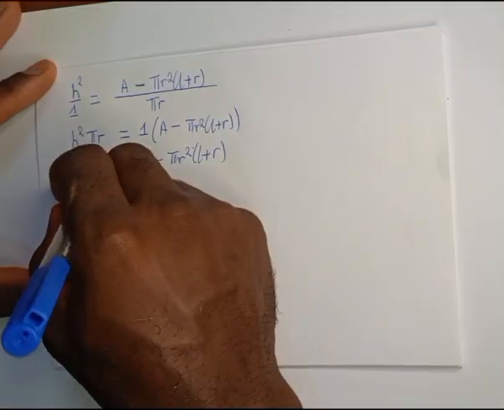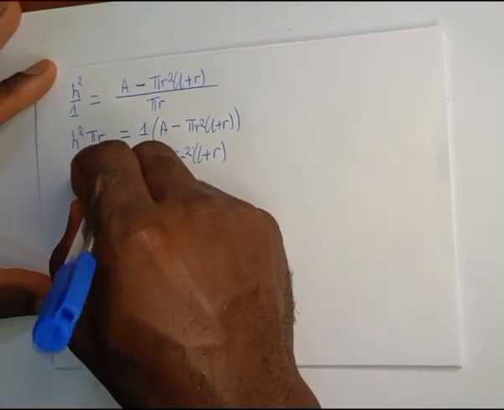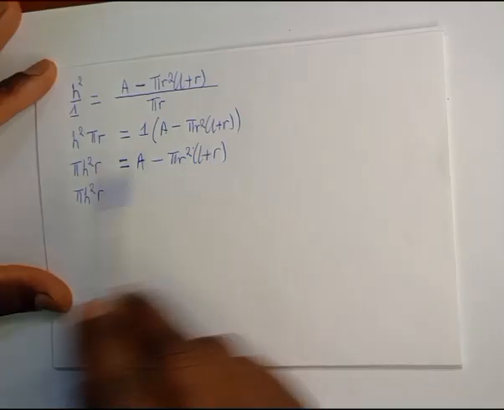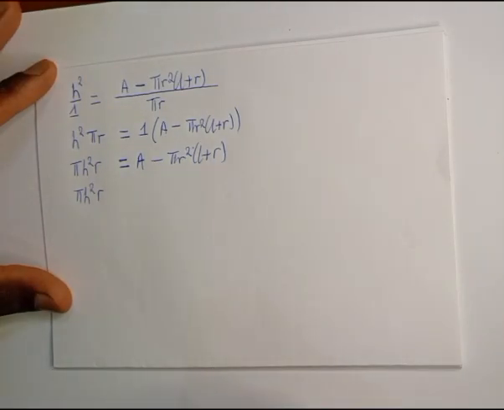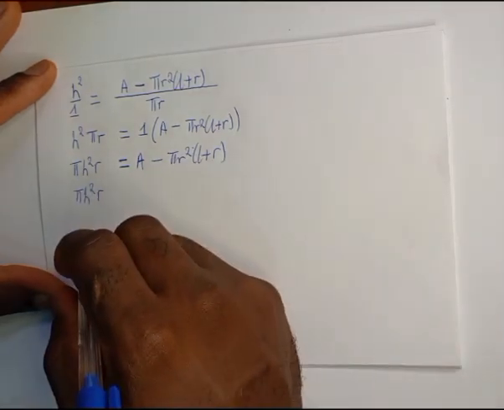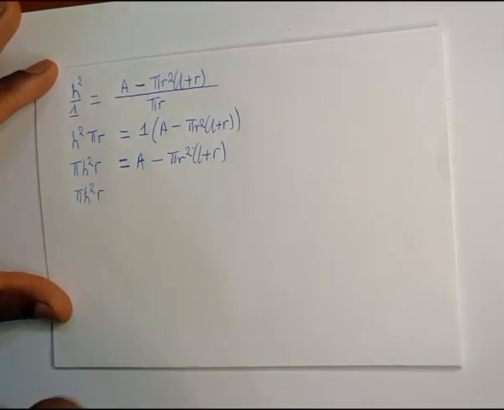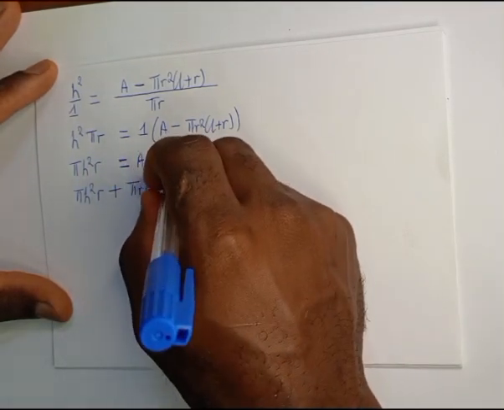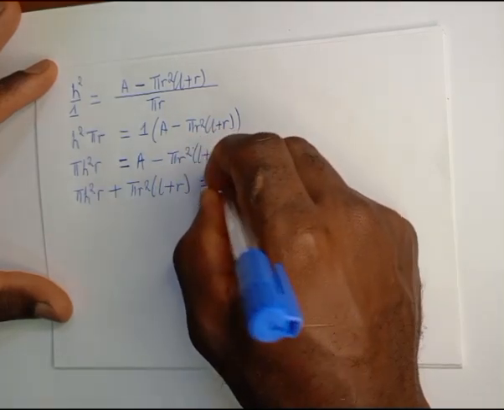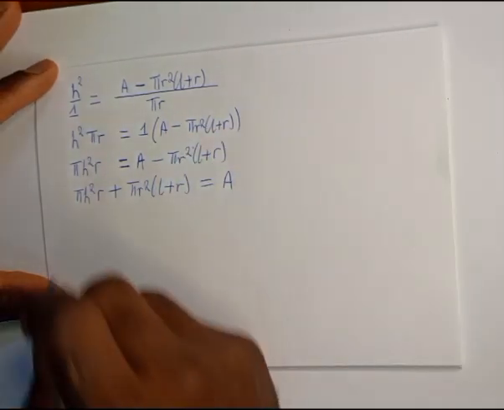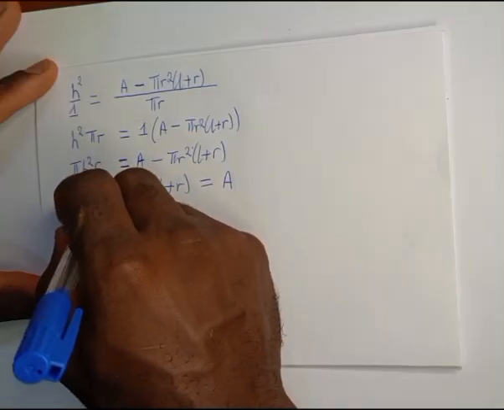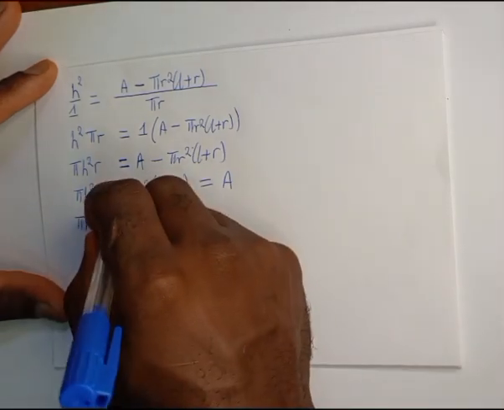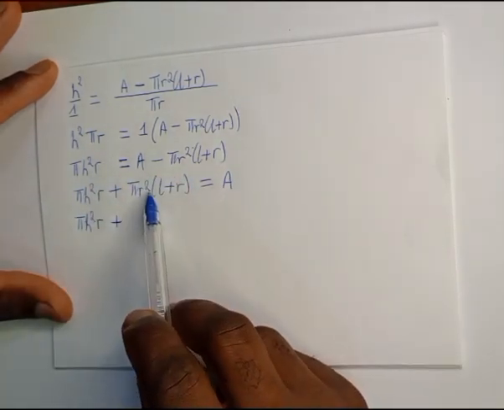This will give us pi h squared r. We are going to transfer negative pi r squared times L plus r to the left hand side because we want A to be alone at the right hand side. When it crosses the equality sign, it becomes plus pi r squared times L plus r is equal to A. This will give us pi h squared times r plus, we are going to expand this bracket.